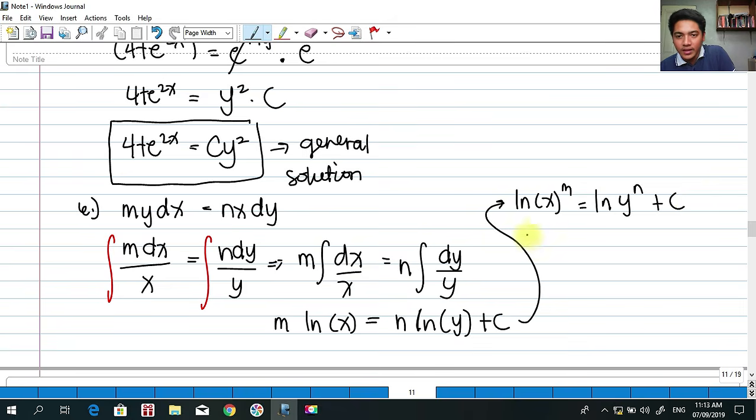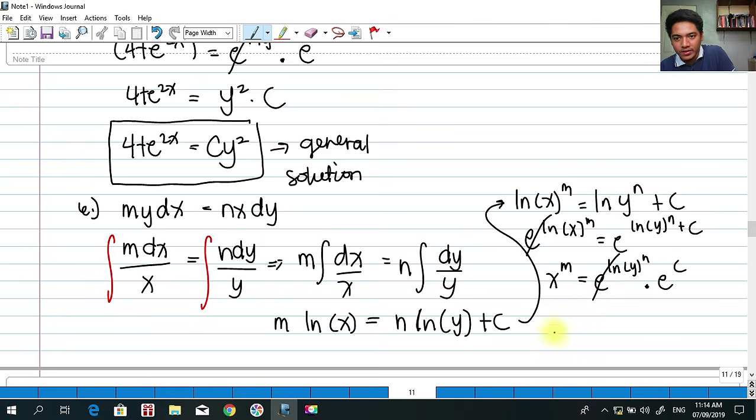Upon eliminating again the ln, we need to raise them by e: e raised to ln x to the m is equal to e raised to ln y to the n plus c. And of course, this should be x raised to m. We know what will happen to this: e raised to ln y to the n times e raised to c by properties of exponent, and again this should be cancelled.